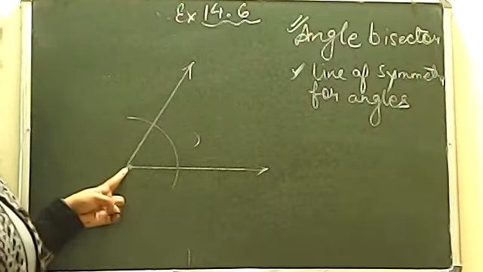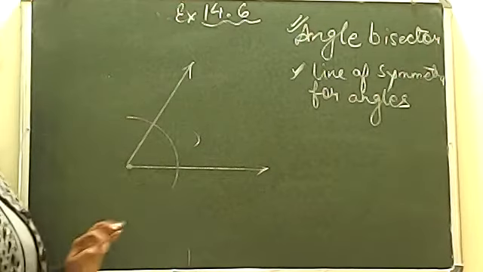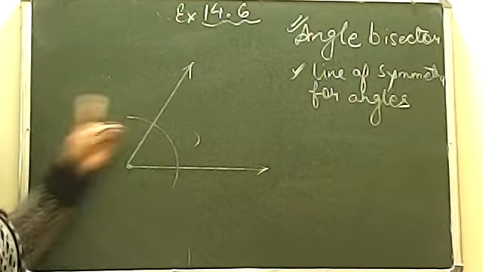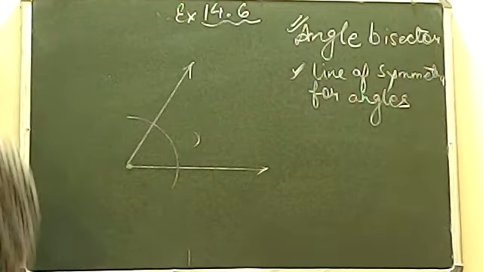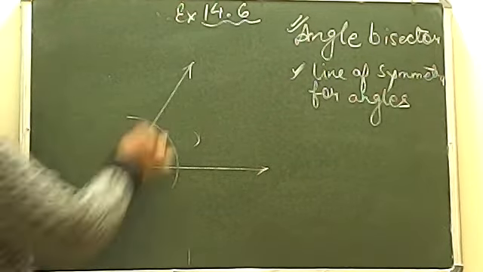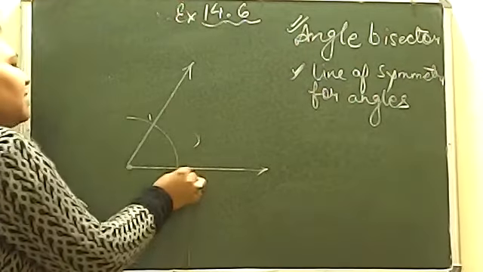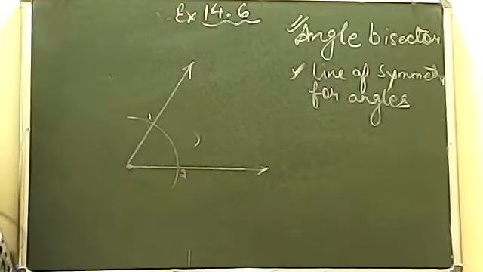I will cut an arc in such a way that it cuts both the arms of my angle, and I will give the names. This is one point and this is the second point.